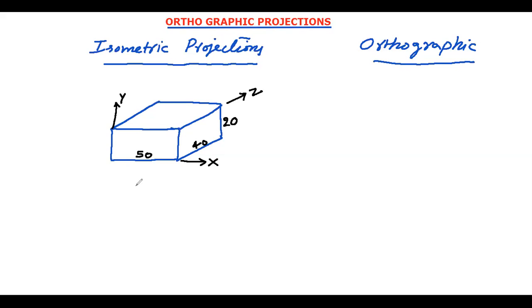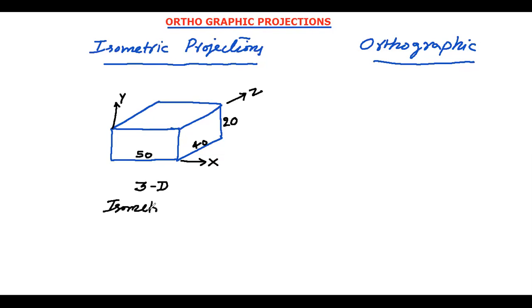So this representation is a three-dimensional representation of the given picture. If you draw the drawing of any object representing all the three dimensions in a single picture, then that is called isometric projection.